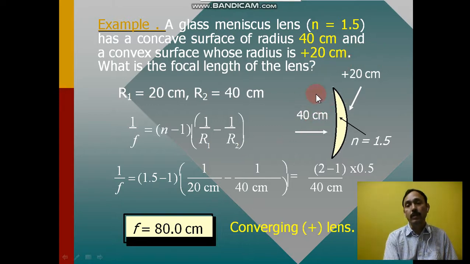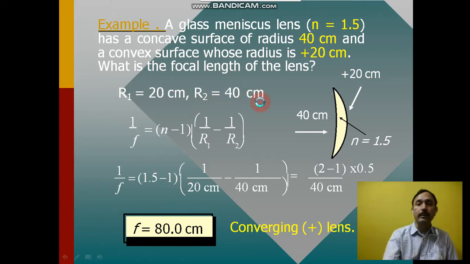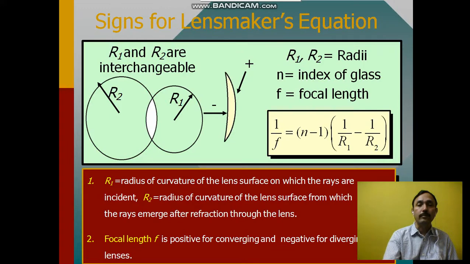So for this concave surface this is minus, this one is plus. So R1 we are writing here, it is 20 cm, and R2 is equal to 40 cm. For this one is R1, for this one is R2.